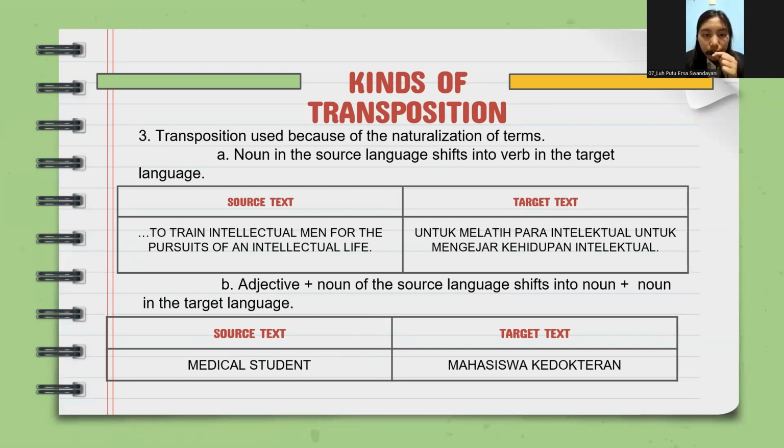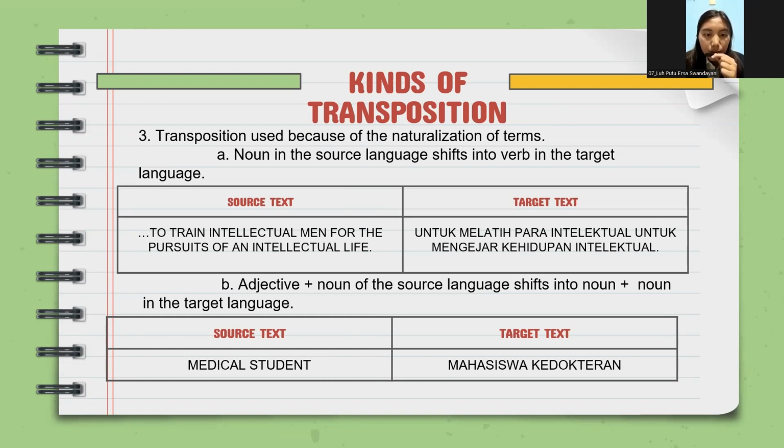This transposition has two types, like number 1, noun in the source language shifts into verb in the target language. For example, in the source text, "to train intellectual men for the pursuit of an intellectual life." In the target text is "untuk melatih para intelektual untuk mengejar kehidupan intelektual."